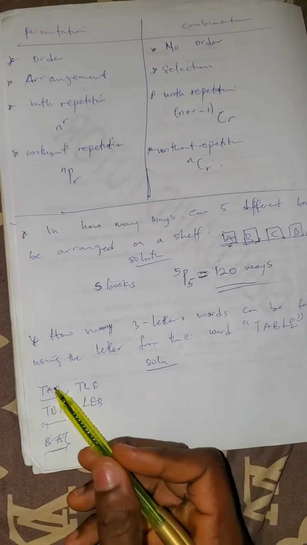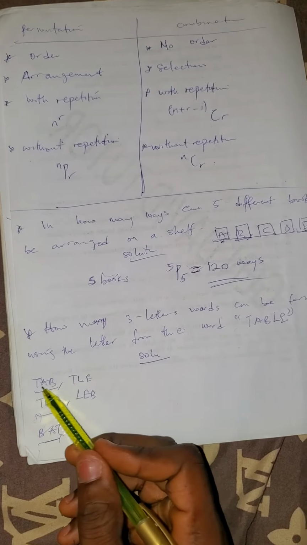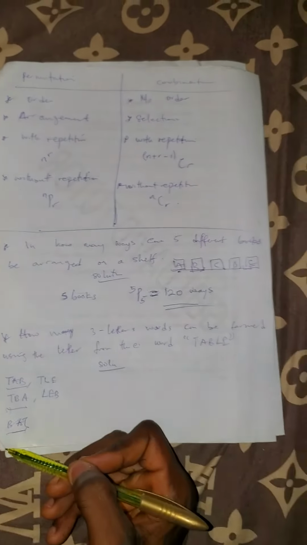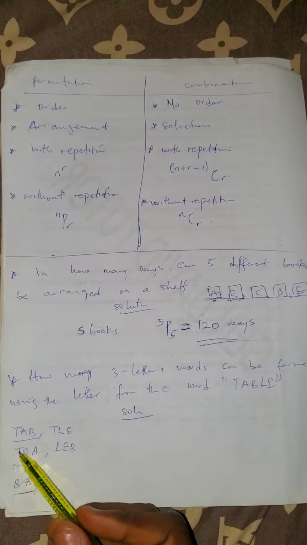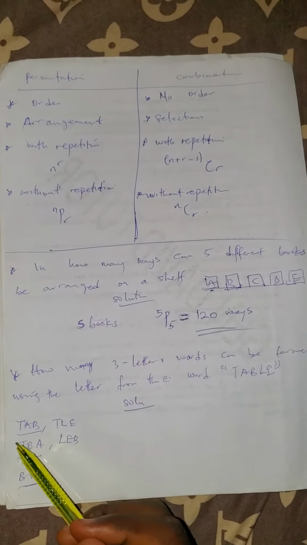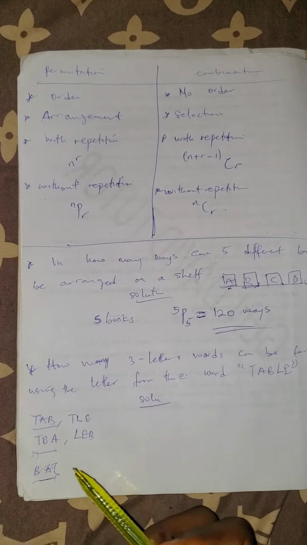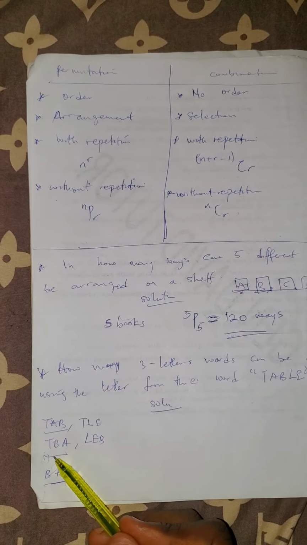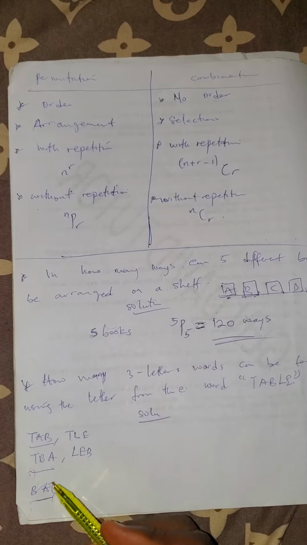These are different, but they contain the same letters, T, A, and B. But T starts first, A second, while here B is second. You understand? So that's why it is permutation.